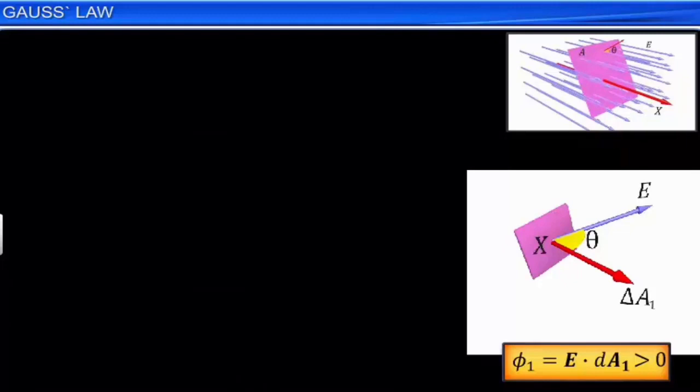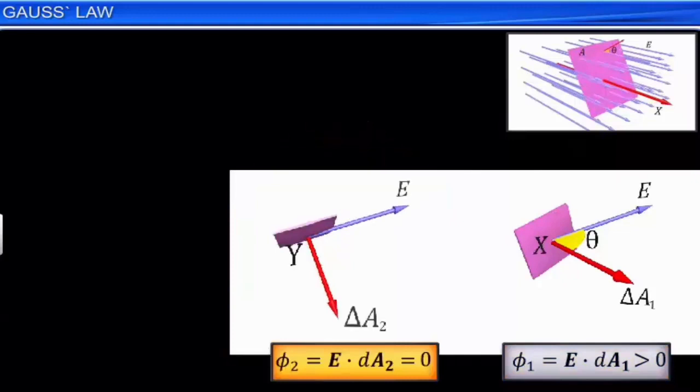For all such elements, the flux passes from the outside to inside. That is, they have an inwardly normal flux. Since theta is equal to 90 degrees for element Y, the electric flux for Y is equal to 0.